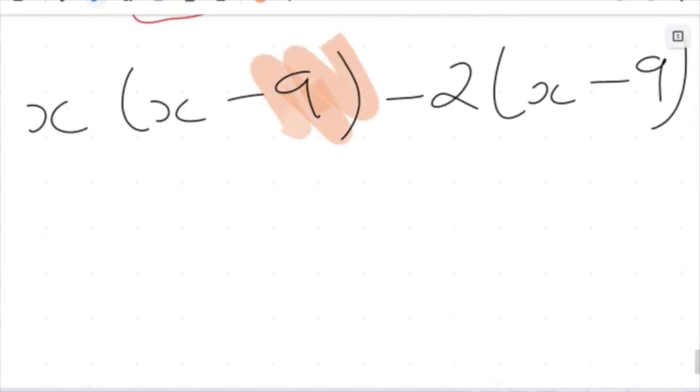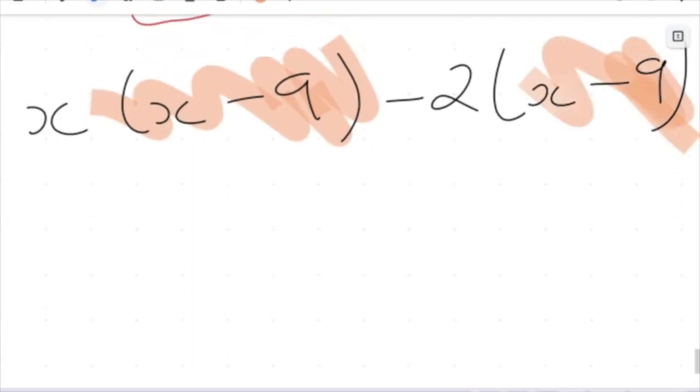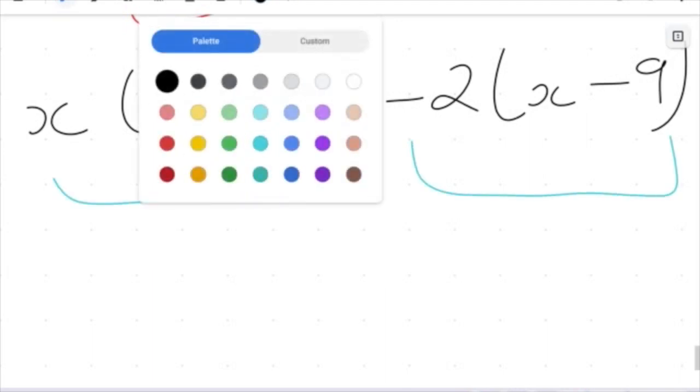And now I have my binomial factorization that I can do. So x minus 9 is a common factor to both this expression and this expression. So I'm going to pull that out.